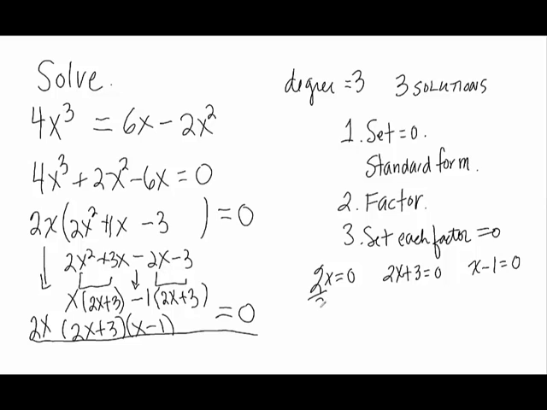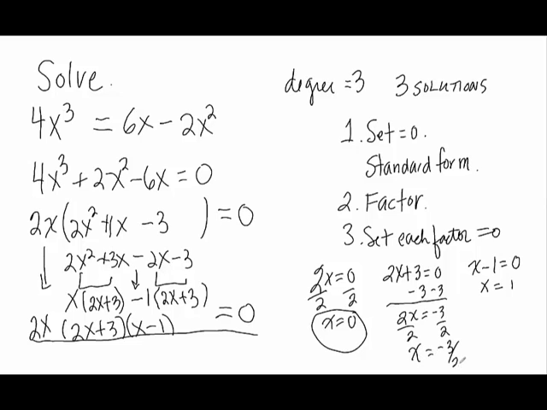So by solving each of these equations, using the steps for solving equations, I get three answers. X is 0, X is -3/2, and X is 1. And by the way, that was step 4.